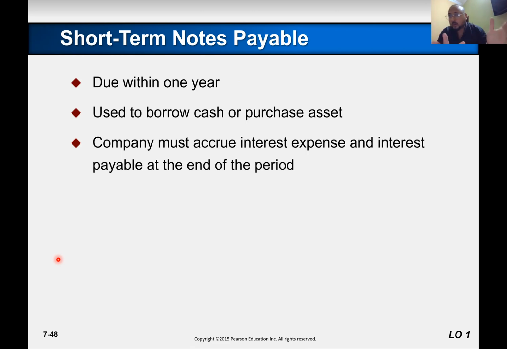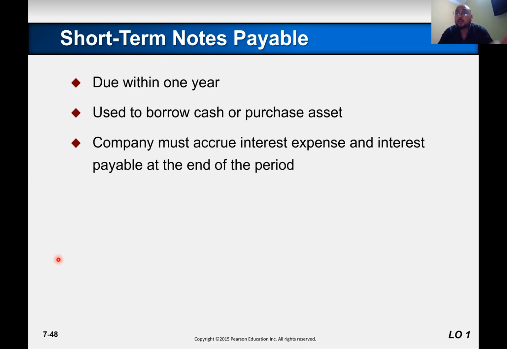I already explained notes receivable and notes payable, right? The stuff is the same, just one thing. In notes receivable, you receive cash based on some terms and conditions. In notes payable, you have to pay after some time, plus the interest as well.